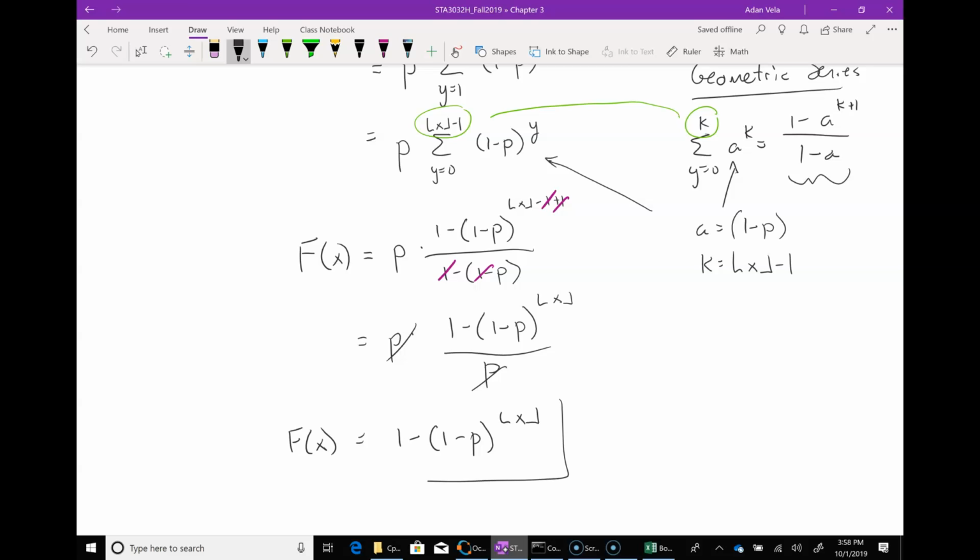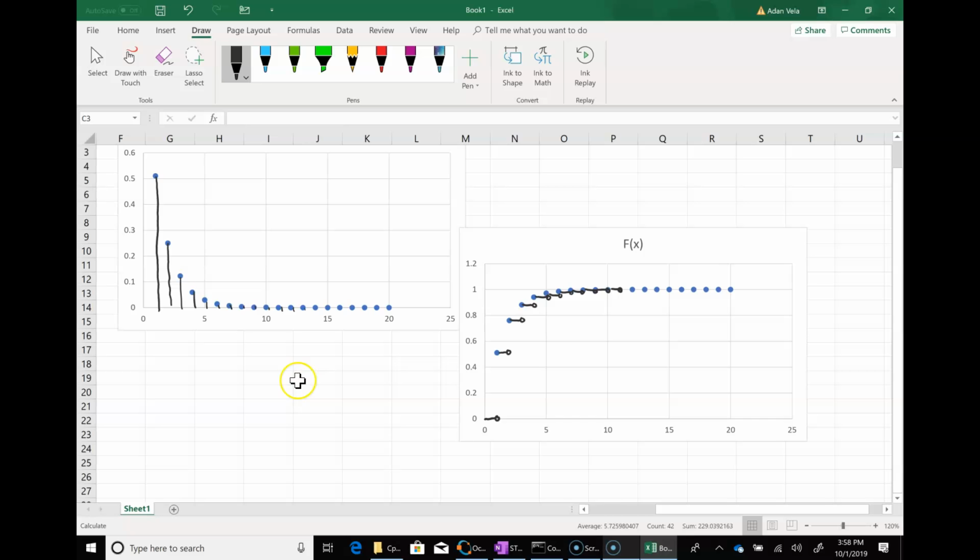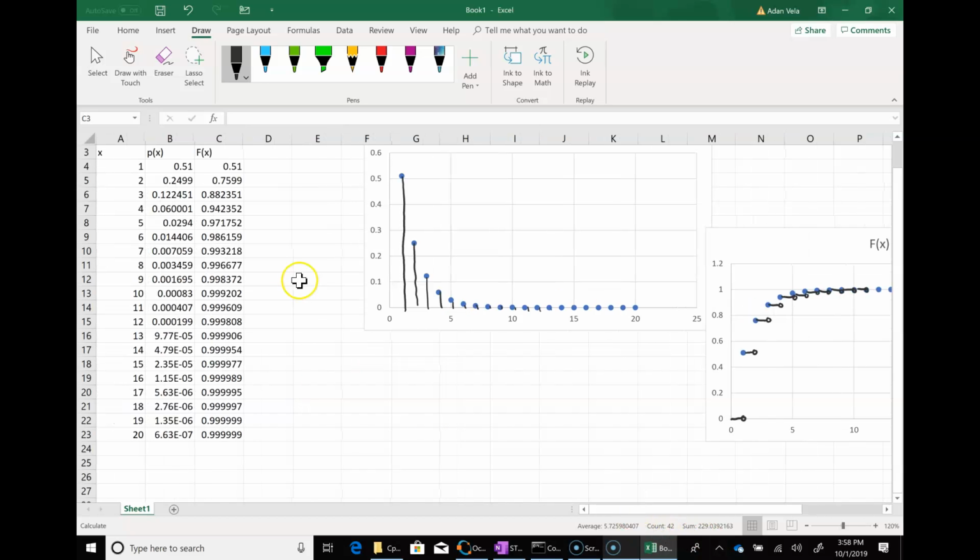All right, so this is our CDF function for a geometric distribution parameterized by P. All right, so we can actually see whether it works or not. Why not? We'll go back to our Excel spreadsheet. And so this is the analytical equation.